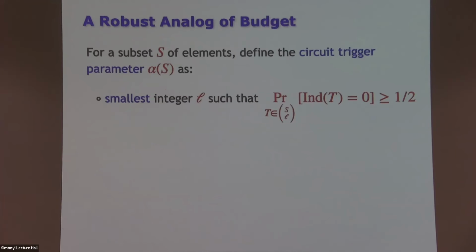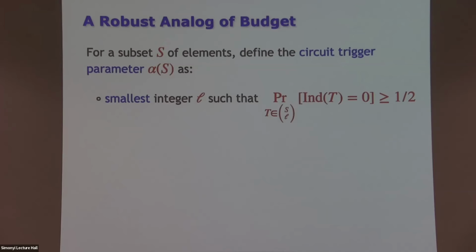To do this, we introduce something called the circuit trigger parameter. This is really one of the key definitions, and will also appear later when we talk about algorithms for general matroids, when we extend beyond partition matroids.